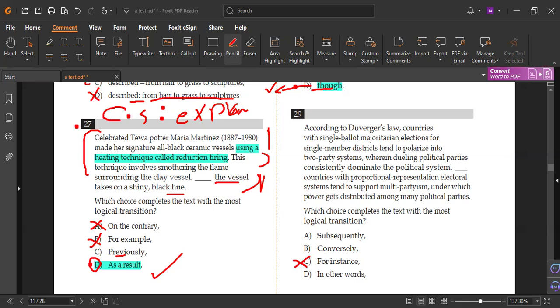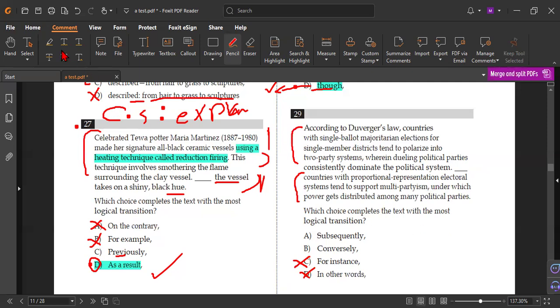What else is wrong? And not D, because it's not the same. Subsequently means after that, an action in order of time. But this action is not in order of time, it's opposite.